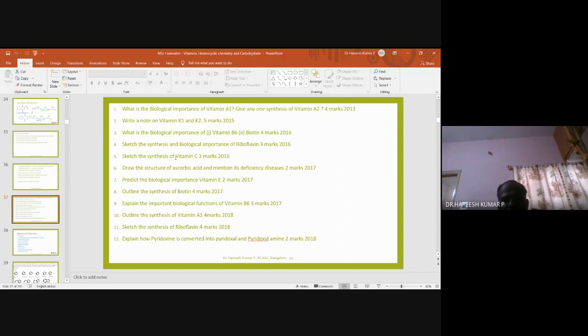Then sketch the synthesis of vitamin C. Vitamin C is ascorbic acid. I think you are familiar with the carbohydrate chemistry. You have to take the inverted version, and on reduction, CHO is converted into CH2OH, then it is called sorbitol. Sorbitol is subjected to Acetobacter suboxydans.